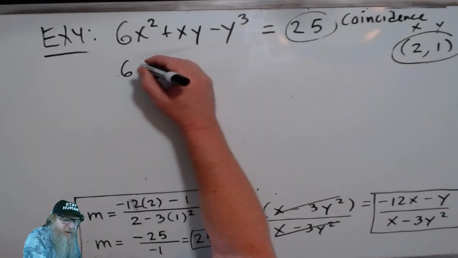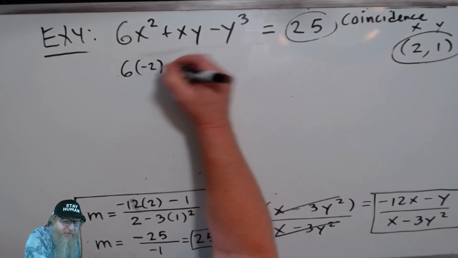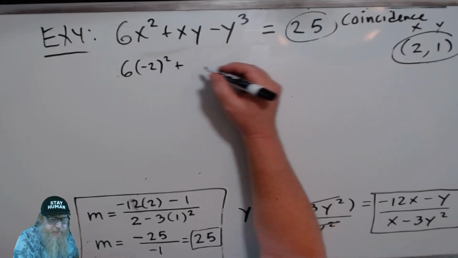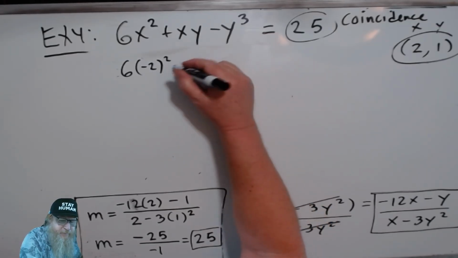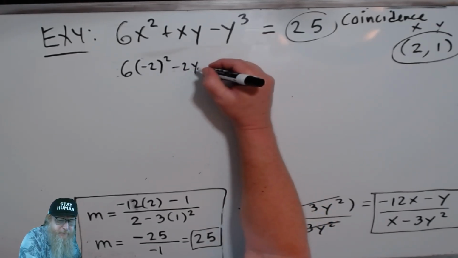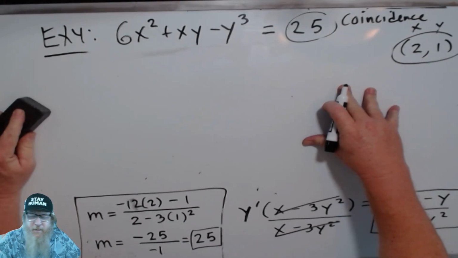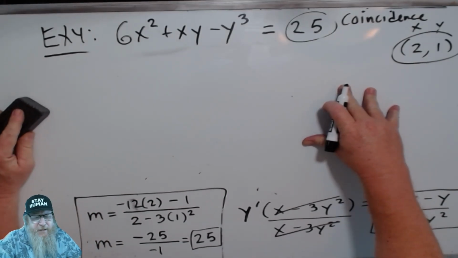Here's another point on the graph. Let's do negative 2. Yeah, I'm not going to do it. I think it'll just make a mess if I do that.